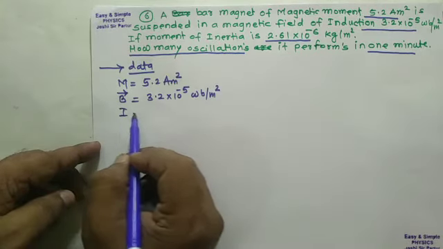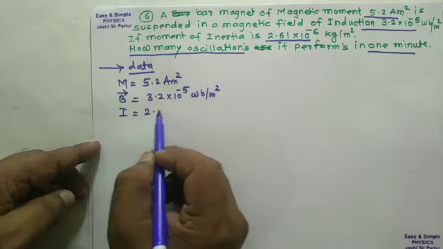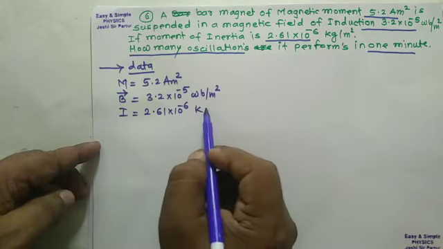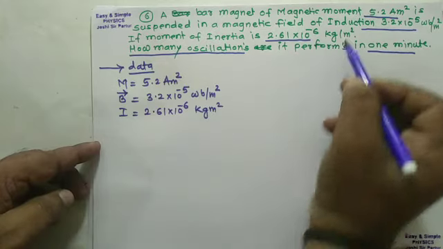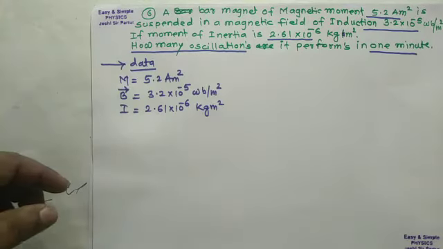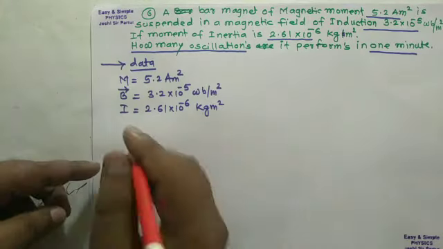Moment of inertia I will be 2.61 into 10 to the power minus 6 kg meter square. And first of all, we can find out the frequency.